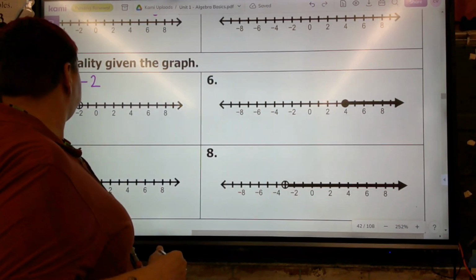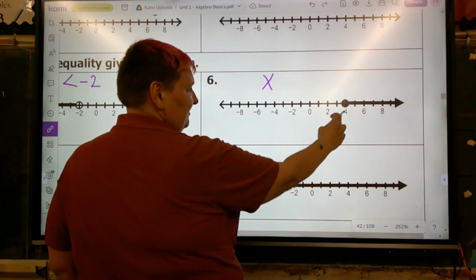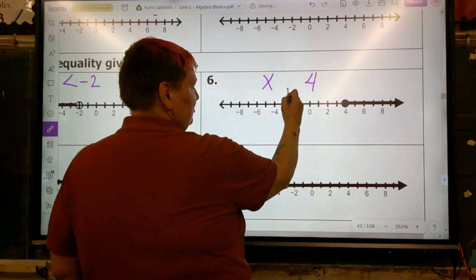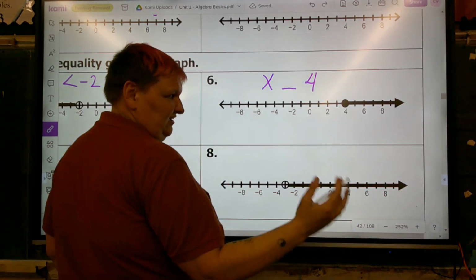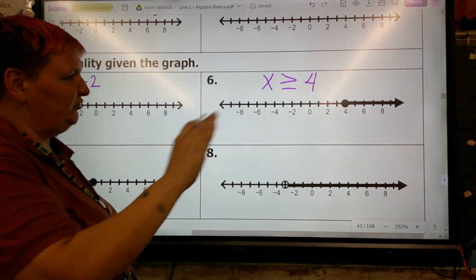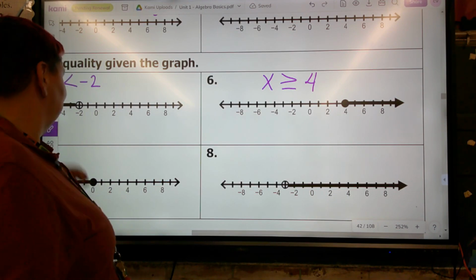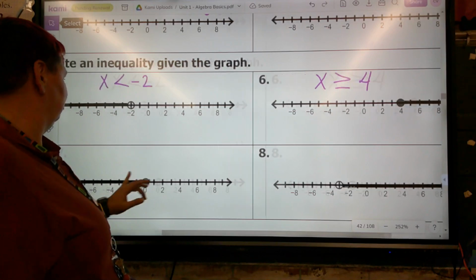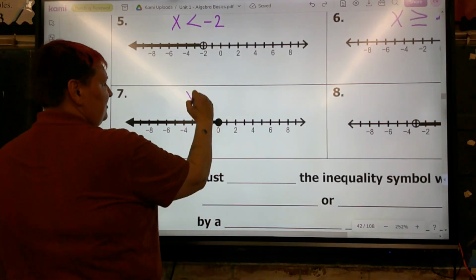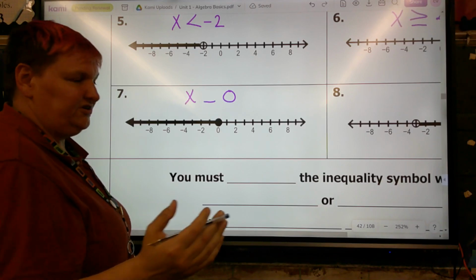I'll show you. Again, X. We know it's 4 because that's where the circle is. It's a closed circle, so it could be equal to, but it's greater than. So greater than or equal to, it's pointing to the right. It's at 0, so X, 0. It's a closed circle, so it could be equal to 0.